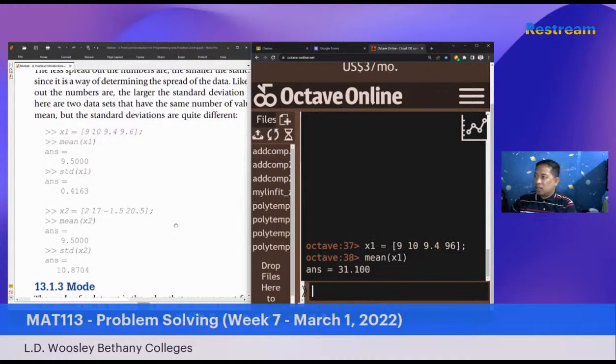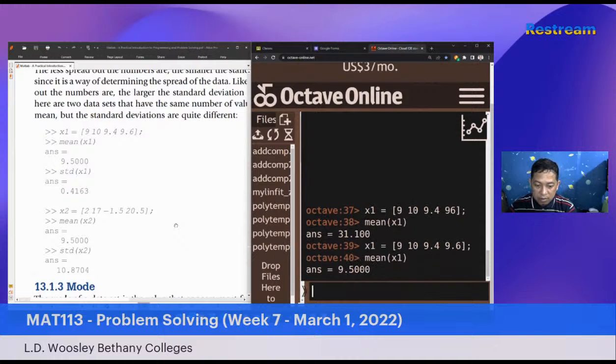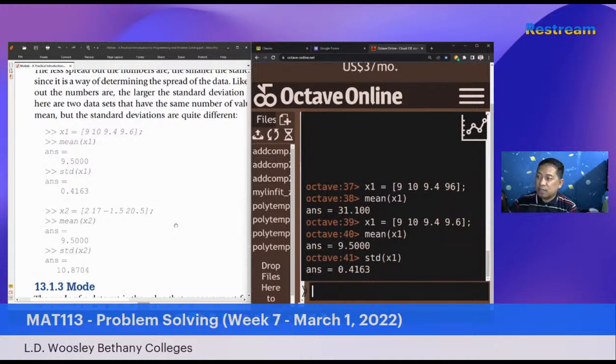So 38, kamali ako. So gawin natin pareho. The mean is 9.5. Then the standard deviation, std, is 0.4163. Alright, so nakikita natin dyan. So take note, the mean is 9.5 but the variation is less, 0.4163.